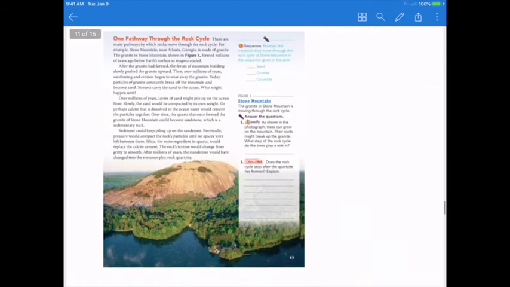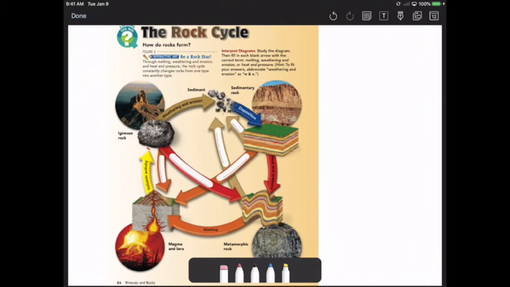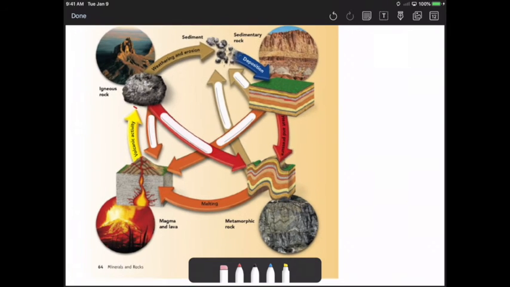Okay, so the rock cycle, we talked about this happening over millions of years. They can change. And here is a diagram of the rock cycle. So the rock cycle basically looks like this. If we start with, let's say, igneous rock. Igneous rock can be broken up through weathering and erosion, creating sediment, and then it could create sedimentary rock.